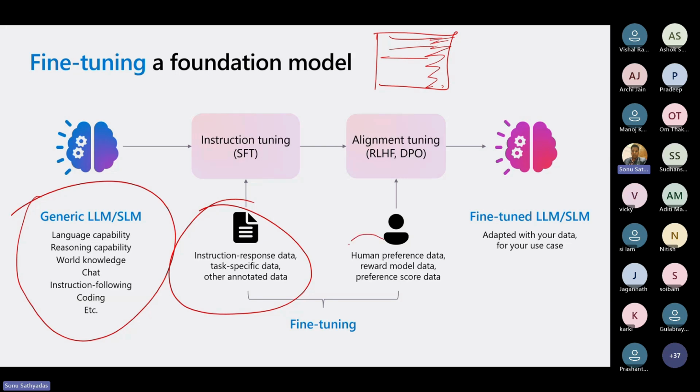Again, we can also use human feedback, that is a reward model, where a reinforcement learning approach can be implemented. So we will do supervised fine tuning or reinforcement learning for the model.